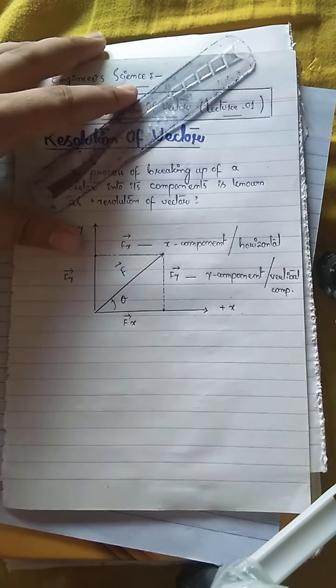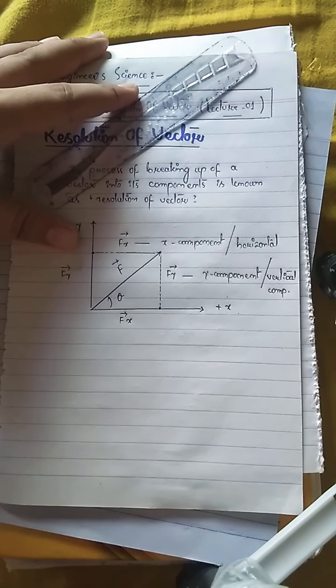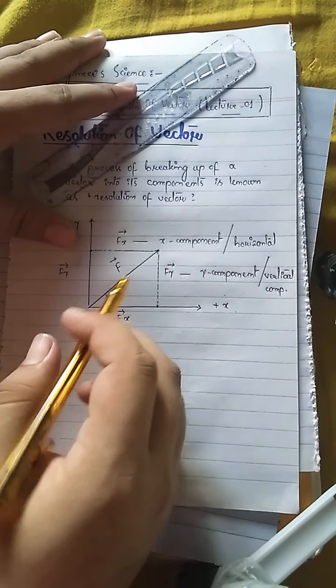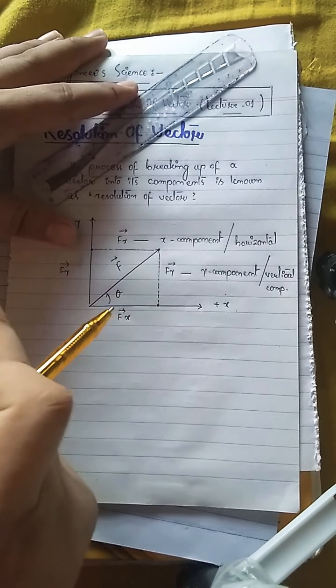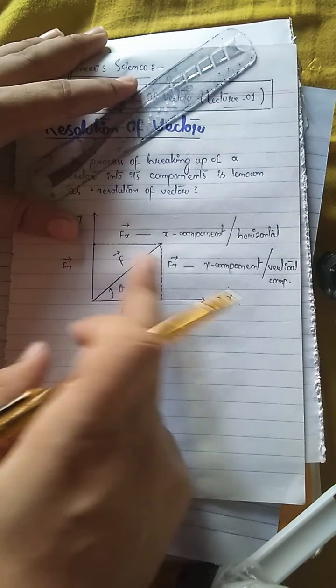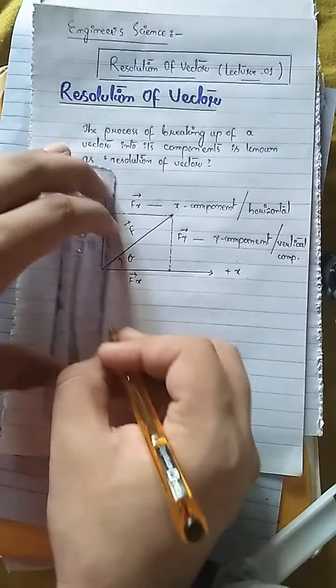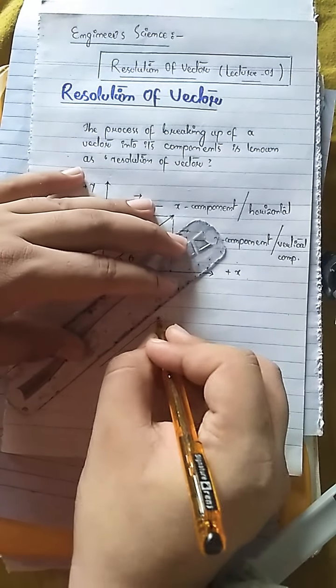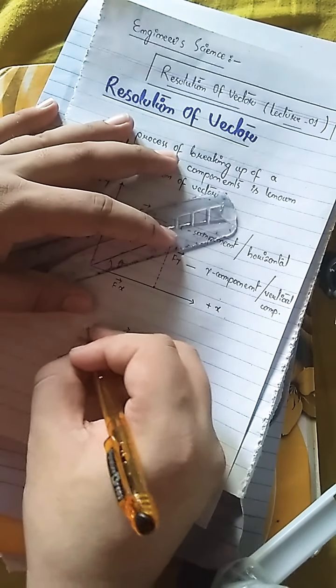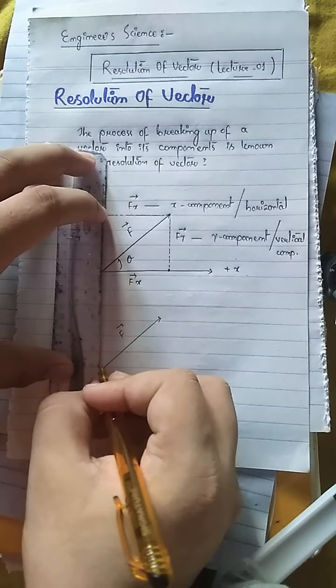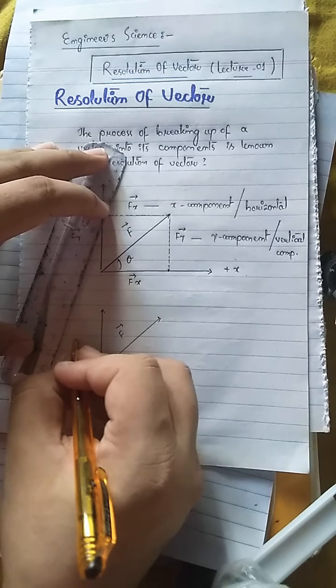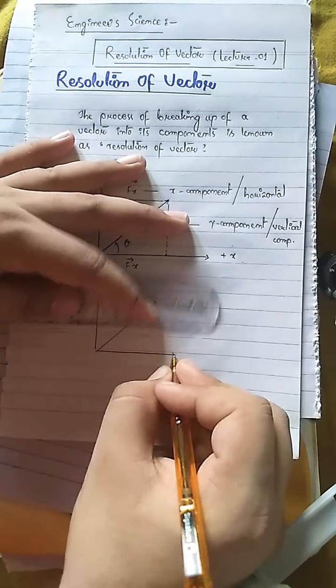In this way, we can resolve a vector which is making angle theta from positive x-axis into its two components. The first component is known as the x component, the second component is known as the y component. This is the vector F, and now it is resolved into its two components, Fy and Fx.